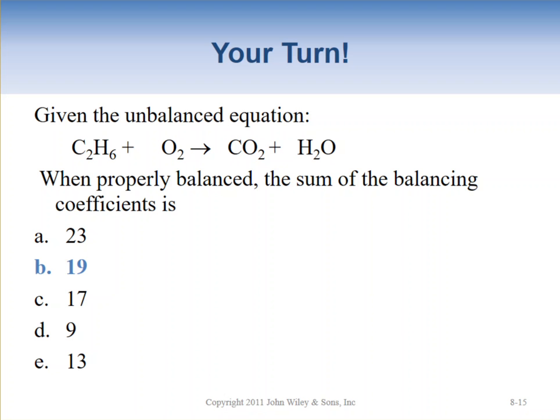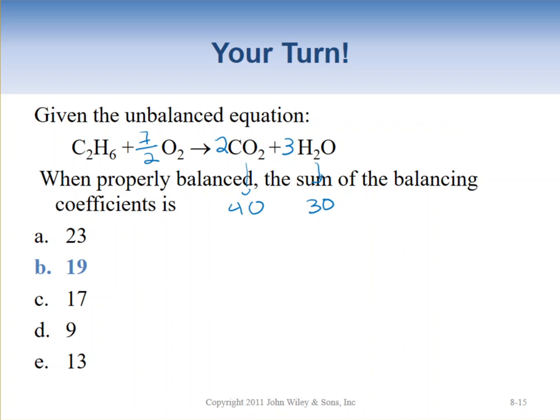So 2 carbons for C2H6, you're going to need 2 carbon dioxide. Now for hydrogen, you have 6 hydrogen from C2H6, so we need 3 water. And in terms of oxygen, you get 4 oxygen from carbon dioxide, 3 oxygen from water. That's a total of 7.